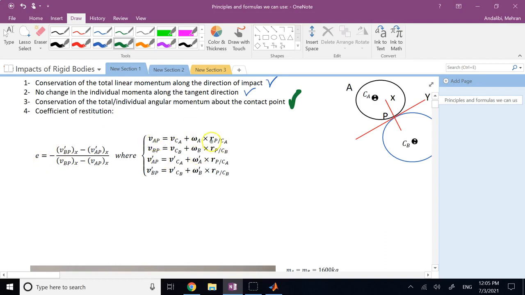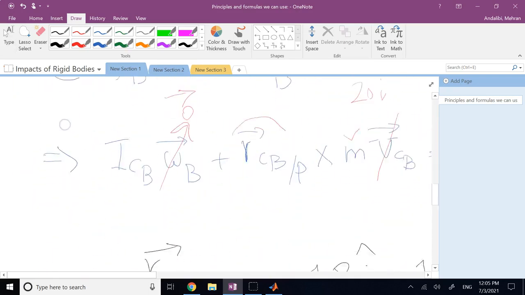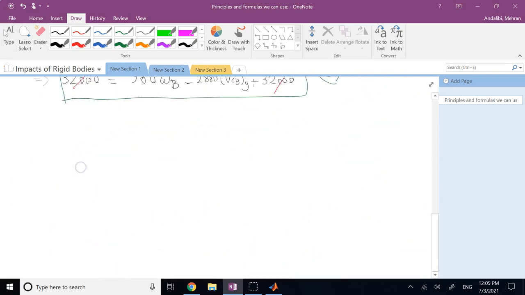Okay, so I have to calculate the velocities of point P on each object before and after impact, and look at their x components and find this ratio of relative x components, set it equal to E.